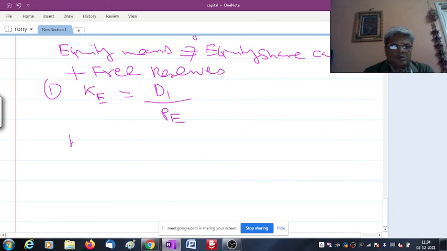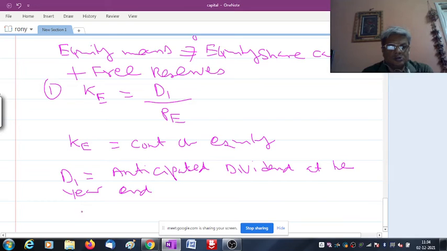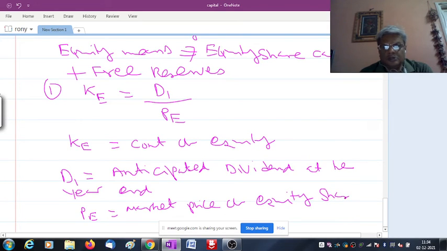K is the cost of equity, D1 is the anticipated dividend at the year end, and P is the market price of the equity share.